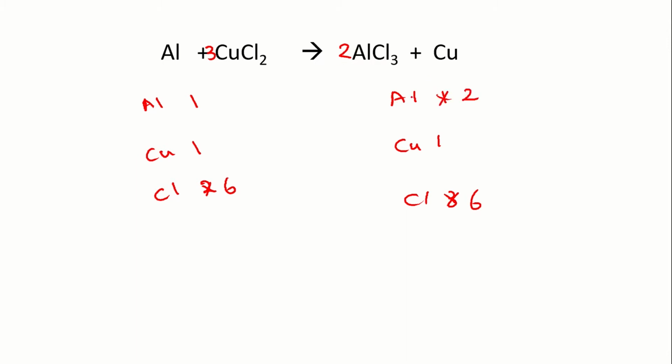Now you have 2 aluminum atoms in products, so that means you must have 2 on the reactant side. This coefficient changed the number of copper atoms into 3. That means you must have 3 copper atoms on the product side as well. Now check the numbers. Are they balanced on both sides? Yes. Now this equation is balanced.